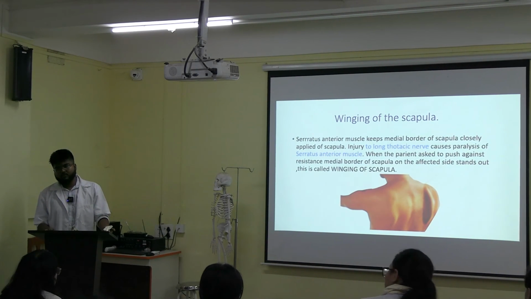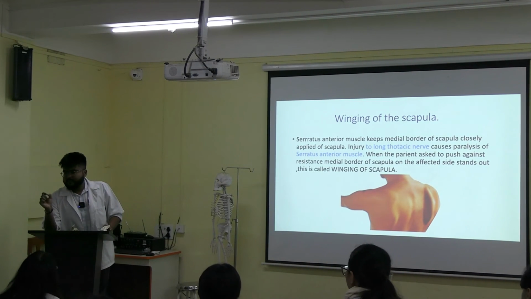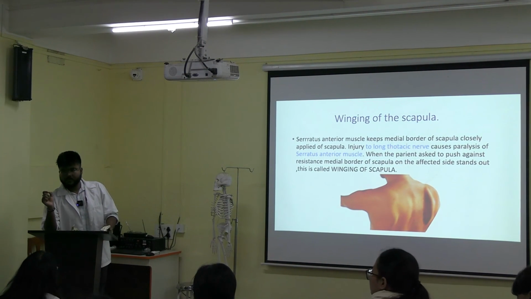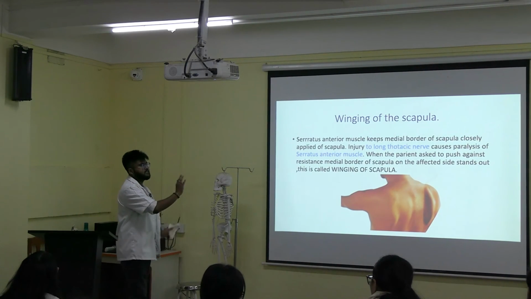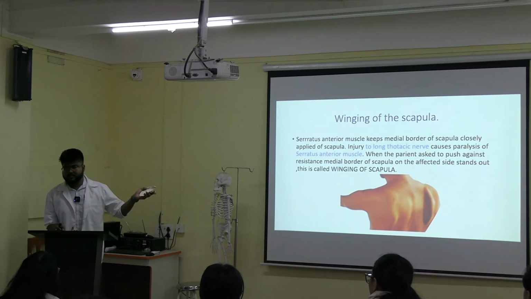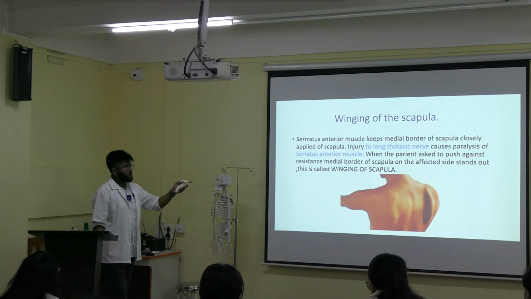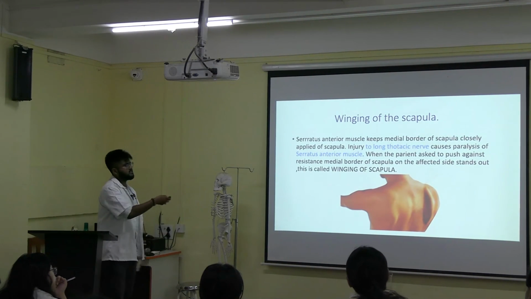You have completed your brachial plexus class, where the long thoracic nerve is present. So this muscle is paralyzed by paralyzing this nerve.